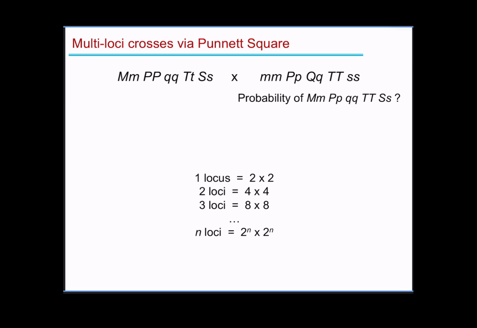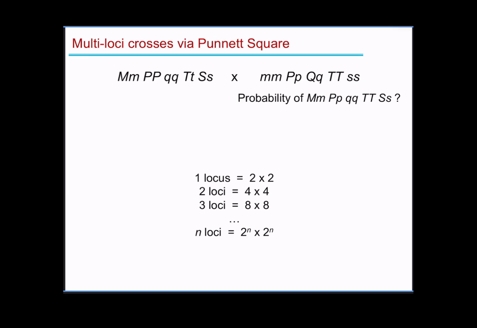Now, if we were to apply Punnett squares to the cross that we were dealing with before, one of the things that you may encounter out there in literature, in websites, papers, books, is that for one locus, your Punnett square should be a 2 by 2. For two loci, a 4 by 4, which is what we just did.